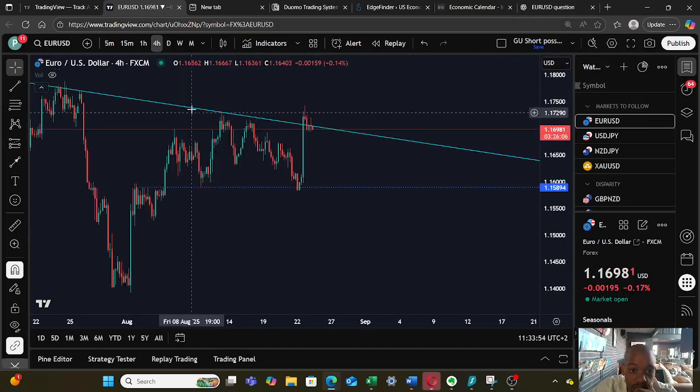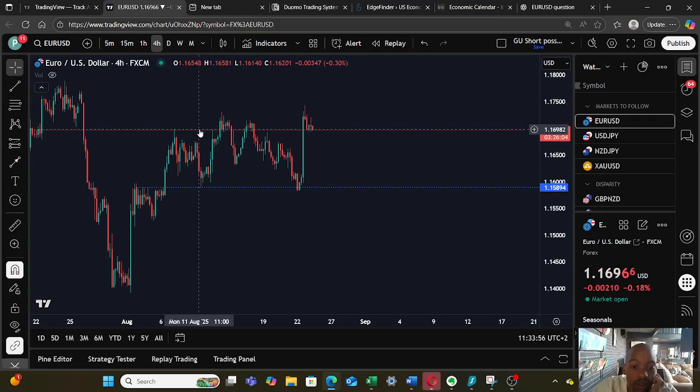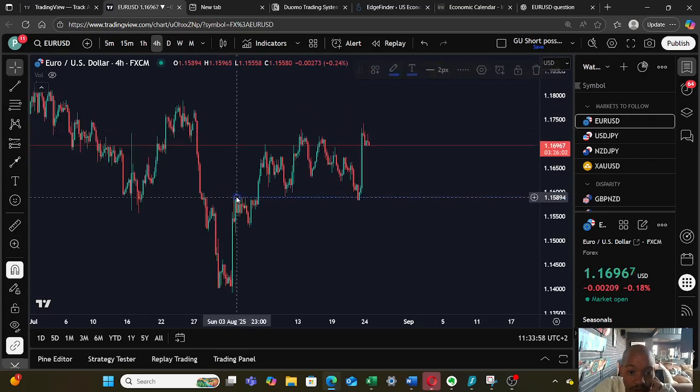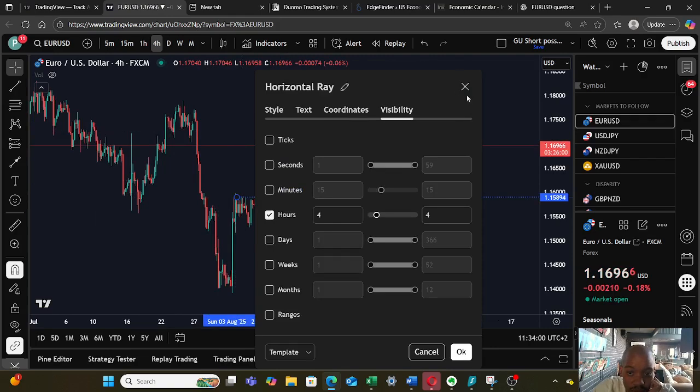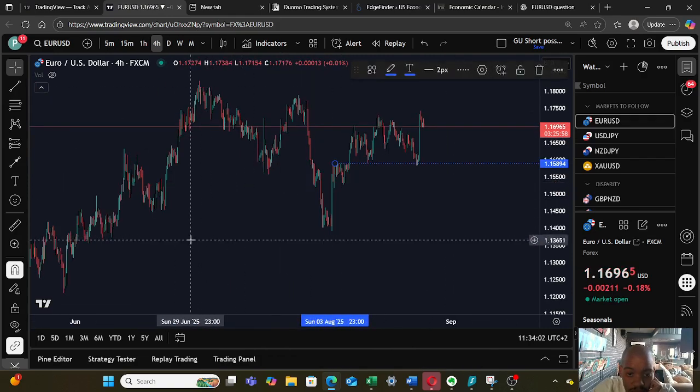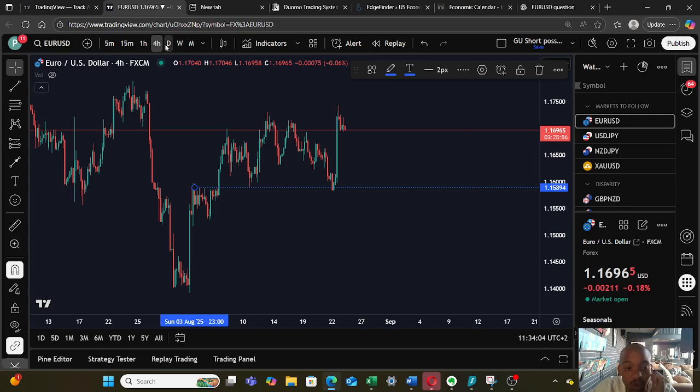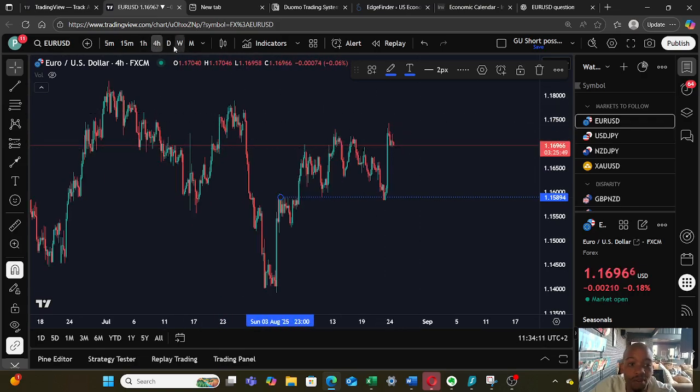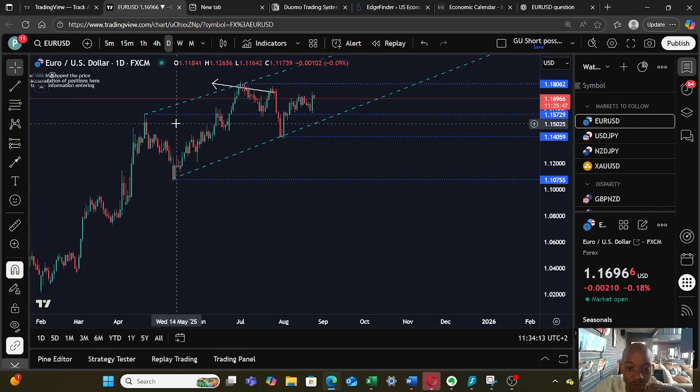I don't think this market is really that favorable, to be honest. Like, we're still in between highs and lows. So any breaks and retests of this can be very risky. Can you see?